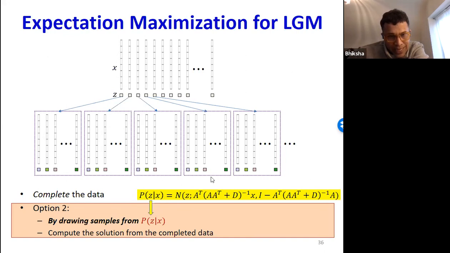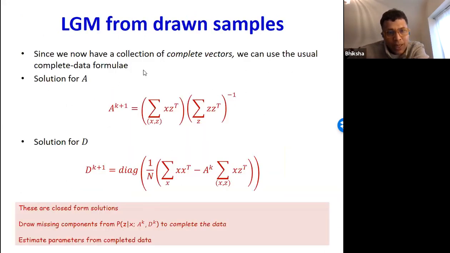And so now you have this expanded data set, of vectors which are now complete, meaning that for every x we also have a z. And now that you have the expanded data set, you can just use the closed form formula we had earlier when you had complete data and re-estimate your parameters, namely the basis of the hyperplane and the covariance of the noise.